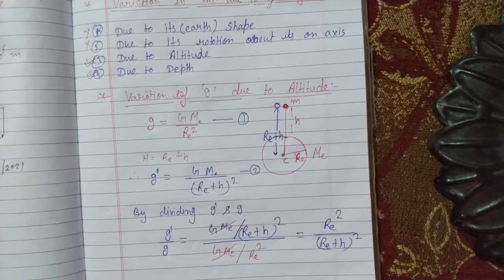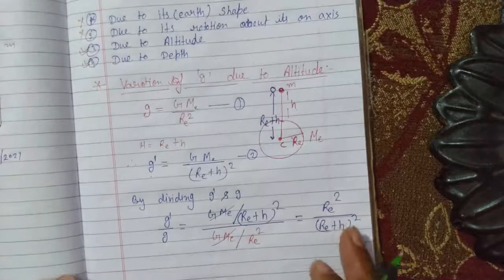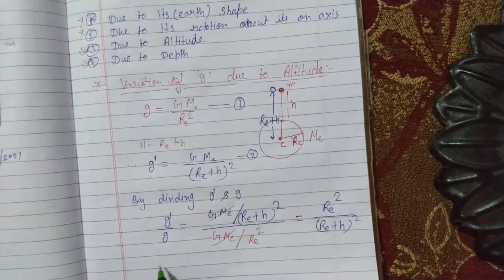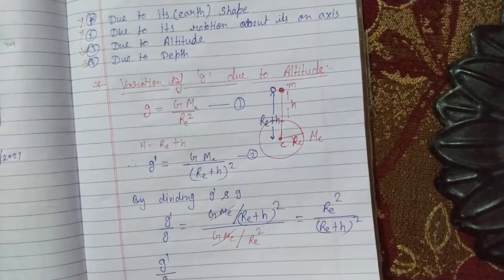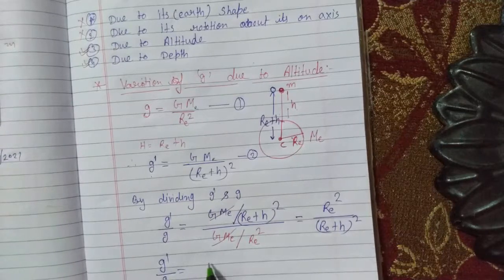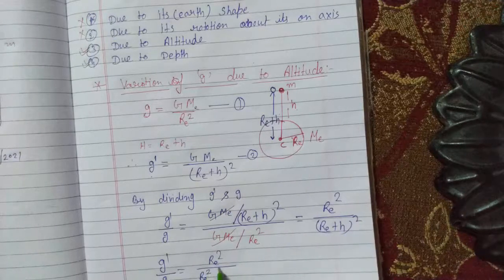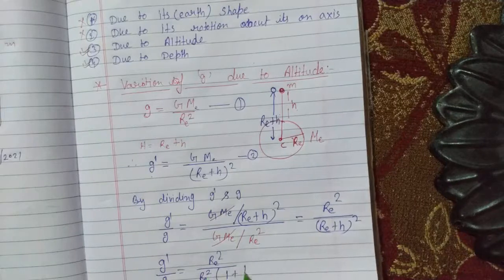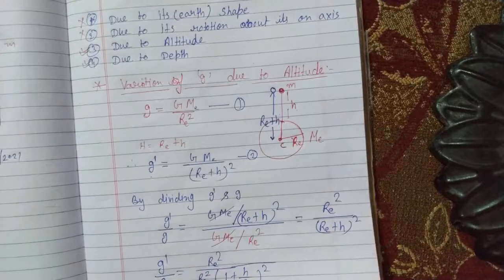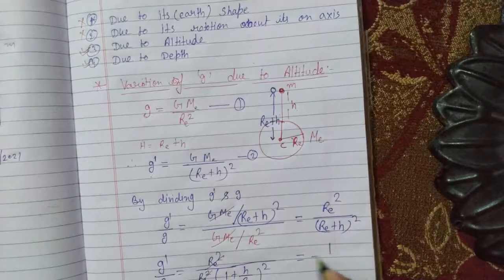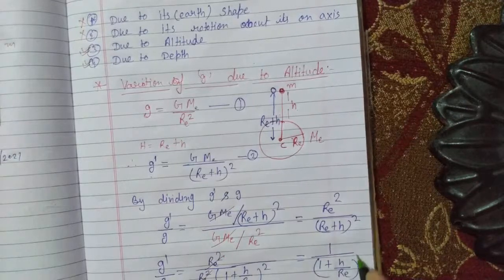Now from the denominator, taking RE as common, we get g dash upon g is RE square upon RE square times 1 plus h upon RE whole square. Here RE cancels, and we get 1 upon 1 plus h upon RE whole square.